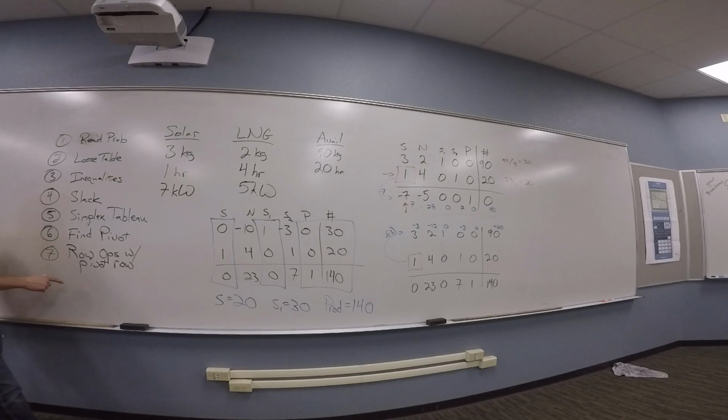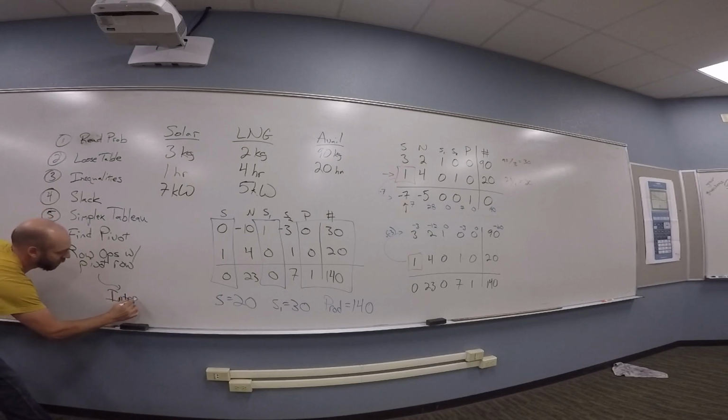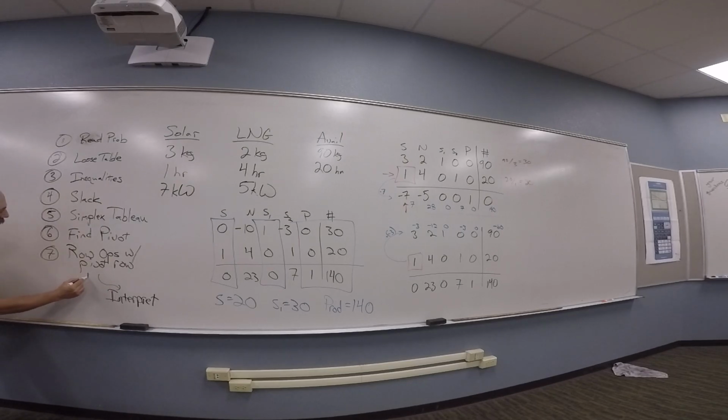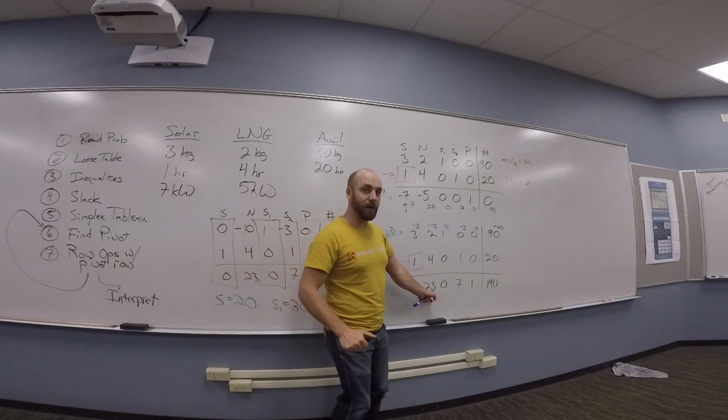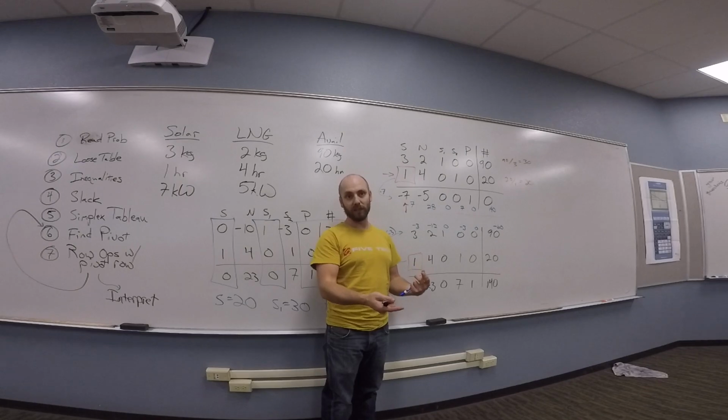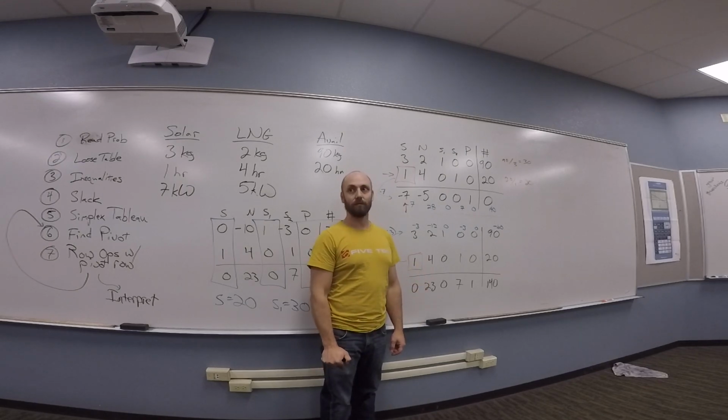Either there aren't any negative numbers, in which case you interpret, which is what I'm doing now, or go back up here, find the pivot again, and repeat. Why would I go up and find the pivot again? If instead of 23 I had negative 23 here, then I'd know I can do better than this, so I better repeat my pivot step. You guys all see that?